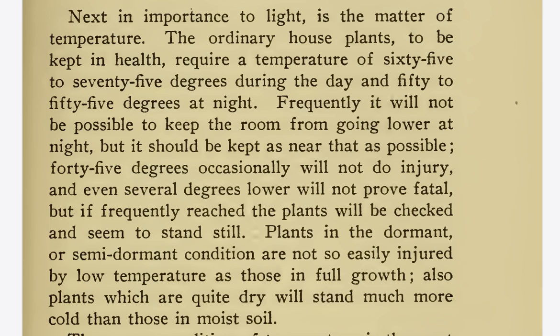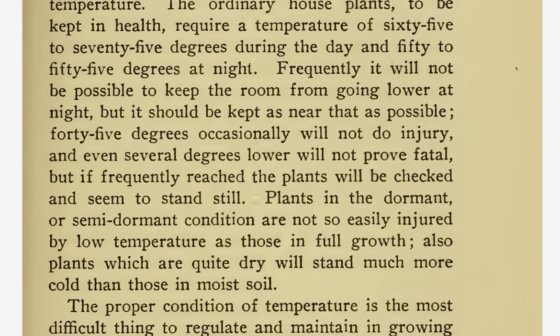Frequently, it will not be possible to keep the room from going lower at night, but it should be kept as near that as possible. 45 degrees occasionally will not do injury, and even several degrees lower will not prove fatal. But if frequently reached, the plants will be checked and seem to stand still.